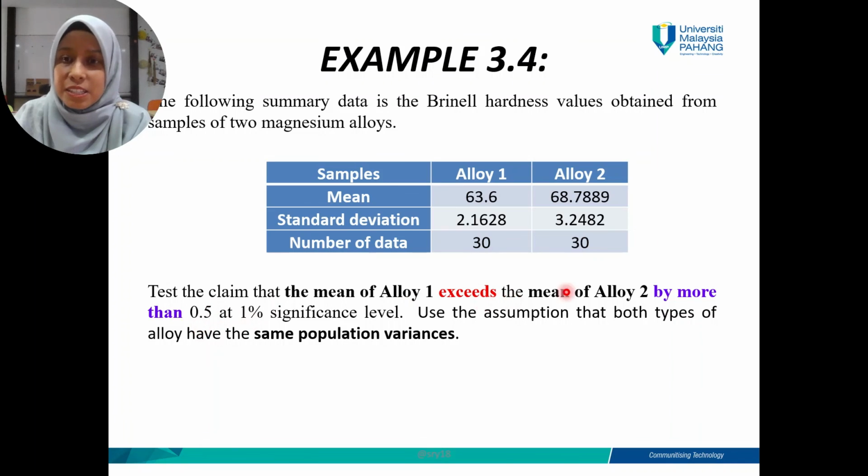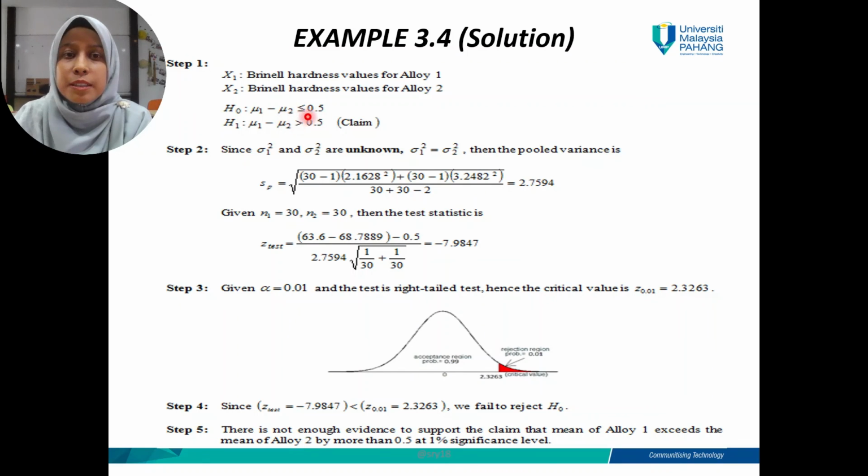This additional info, exceed by more than 0.5, will give you this as your statistical statement for your claim: mu1 minus mu2 greater than 0.5. Why?